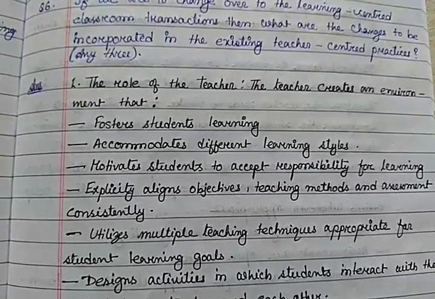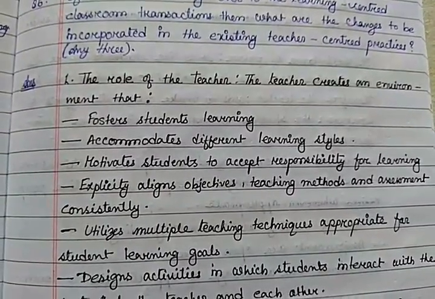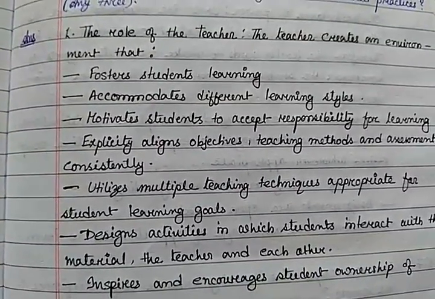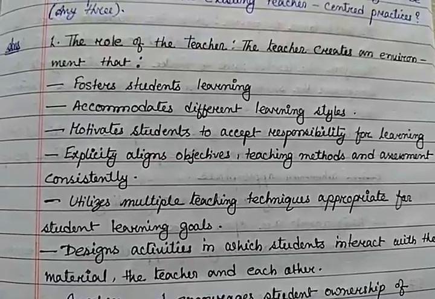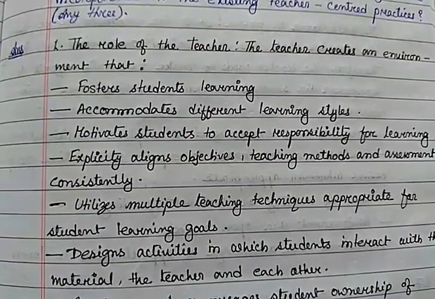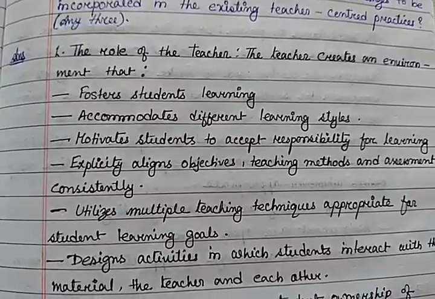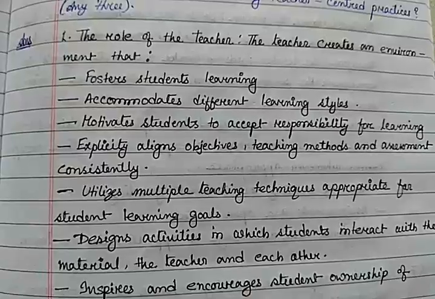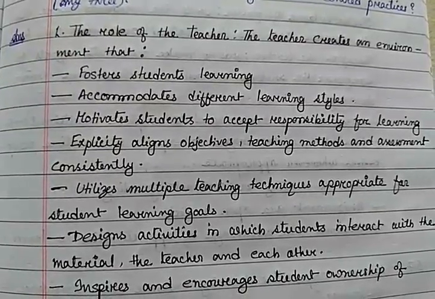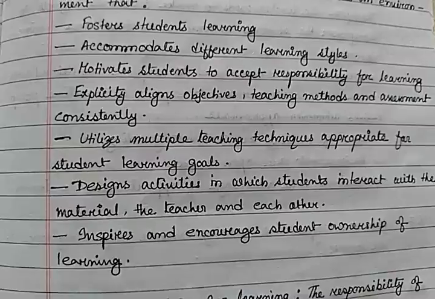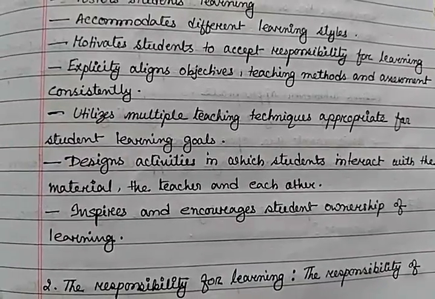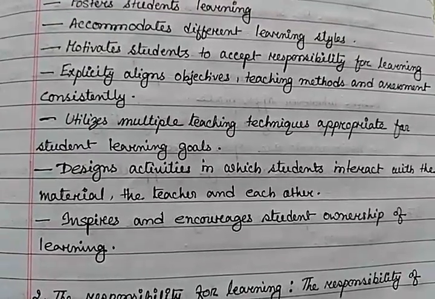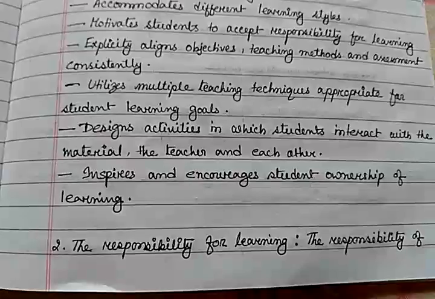The teacher creates an environment that fosters student learning, accommodates different learning styles, motivates students to accept responsibility for learning, explicitly aligns objectives, teaching method and assessment consistently, utilizes multiple teaching techniques appropriate for student learning goals, designs activities in which students interact with the material and the teacher and each other, inspires and encourages students' ownership of learning.